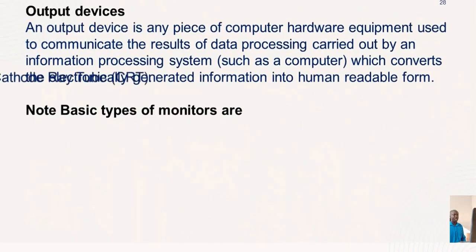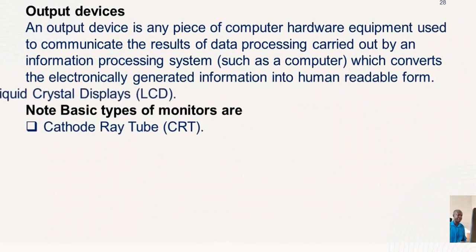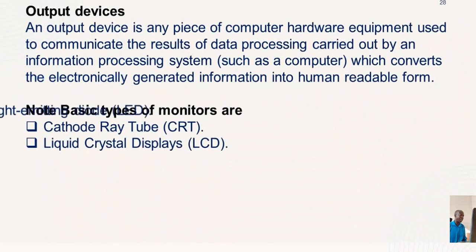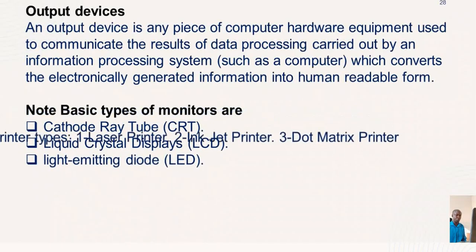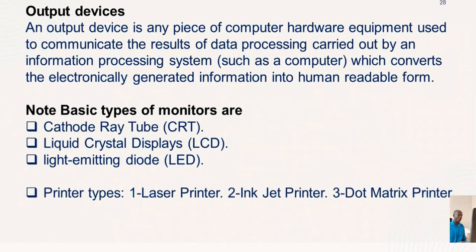Output devices. An output device is any piece of computer hardware equipment used to communicate the results of data processing carried out by an information processing system such as a computer, which converts electronically generated information into human readable form.